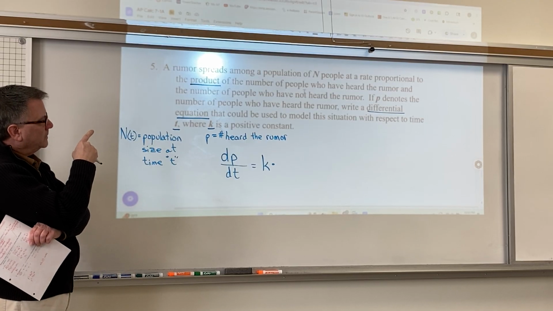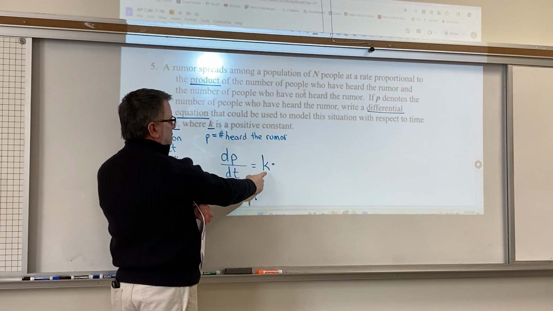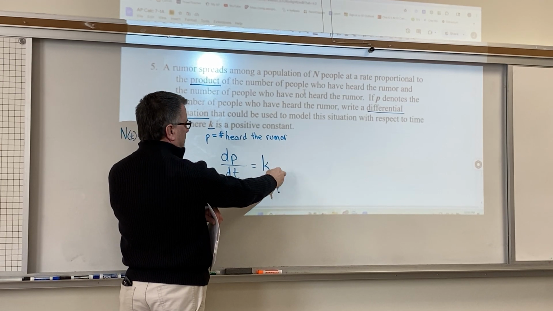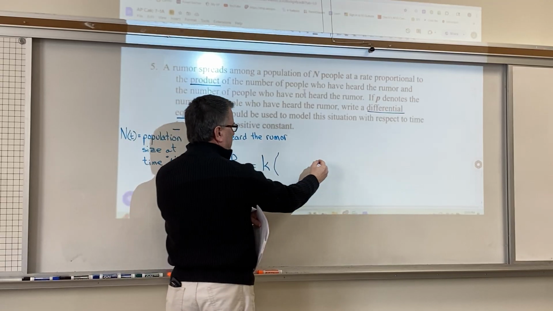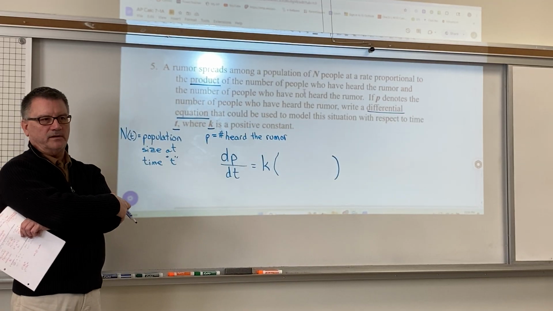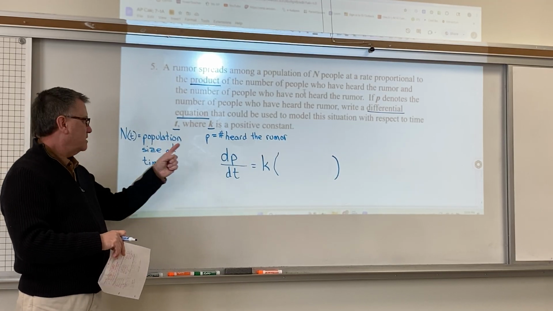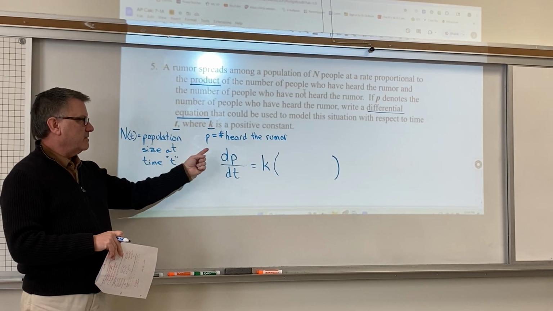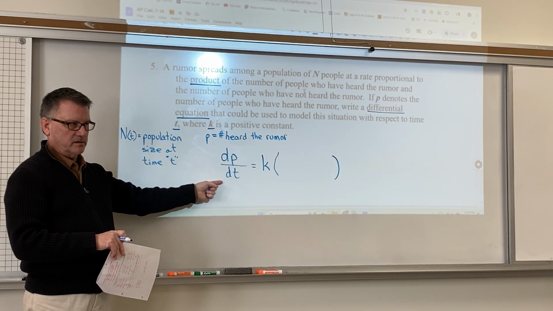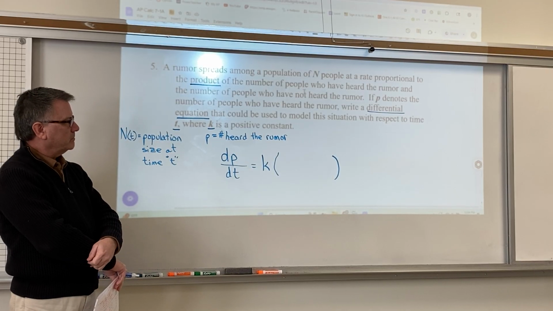Let's read back. The rate is proportional to the product of two things. Ew. Not one thing, but the product. So how this is changing, not how this is changing, but how the number who've heard the rumor is changing in terms of time, based on the product of the number of people who've heard the rumor.